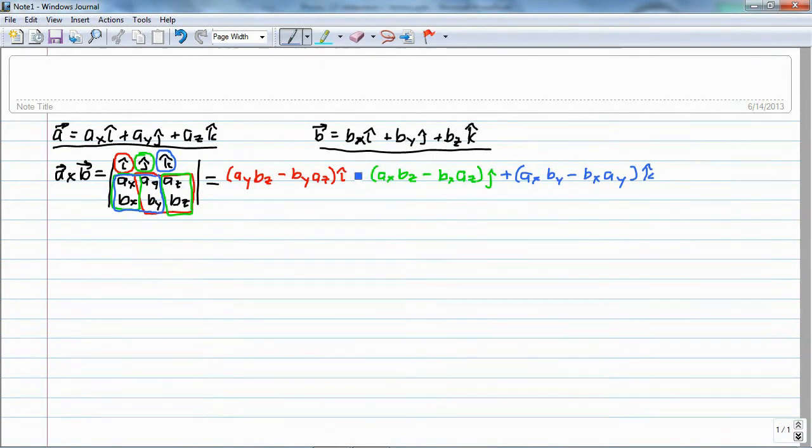Now I can distribute this negative sign into the j component.